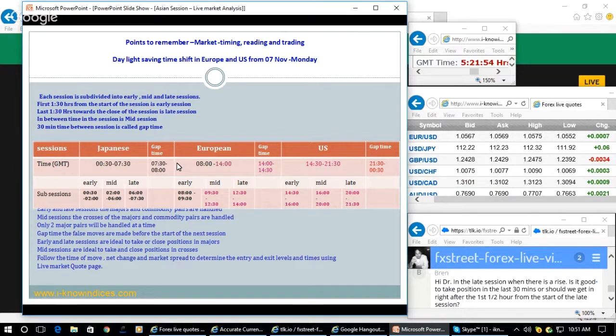Then they will again make a dip during the early session, 8 to 8:30 GMT, start gaining the levels up to 9:30, and then make variable moves during the gap time in order to handle the process. So if we carefully watch which currency they are making an upward or a downward move, every 30 minutes they will change the trend, so that we can follow carefully and take profit.